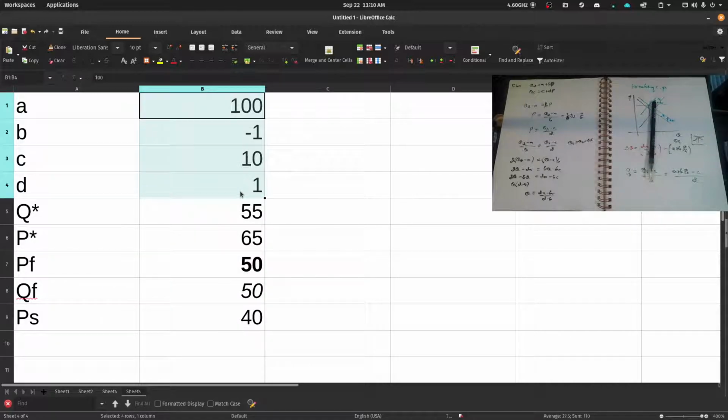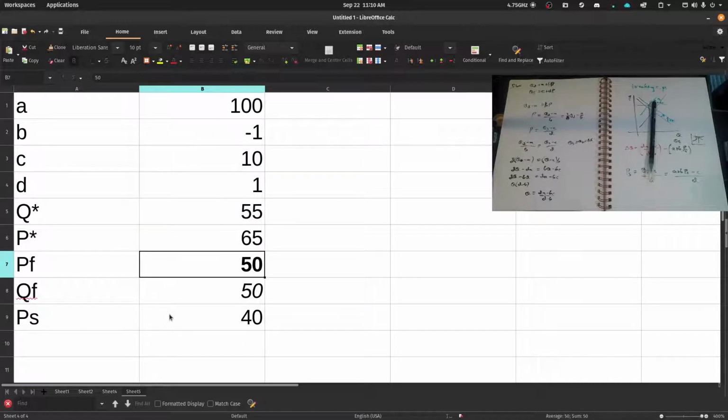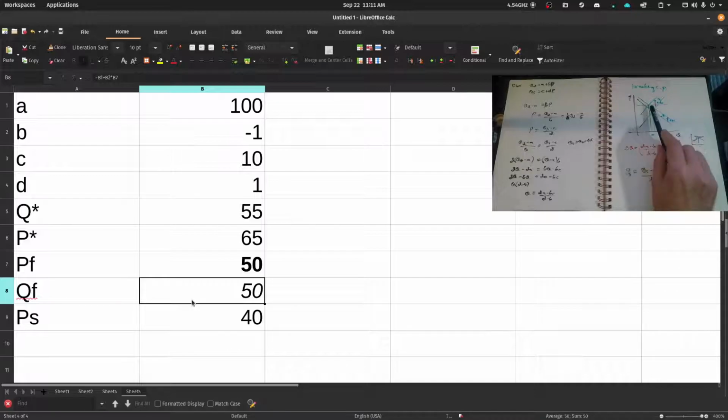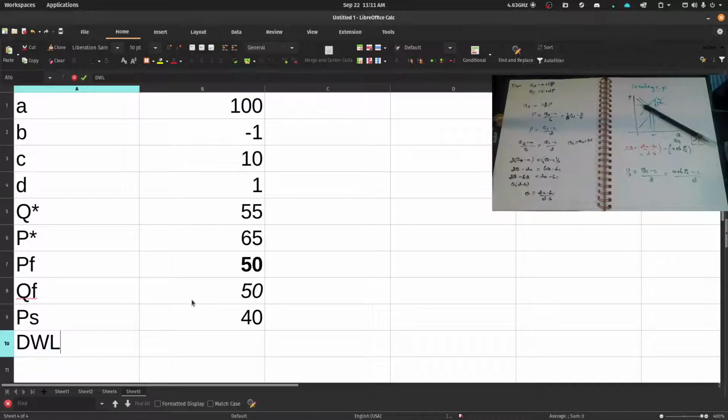But given this made-up market, we've got our equilibrium, we've got our prices, our price floor we're imposing, we're finding what quantity do we get against the demand curve. We trace that quantity down to the supply curve and we find the price that corresponds with that. That gives us a gap here, and then we can find our dead weight loss.